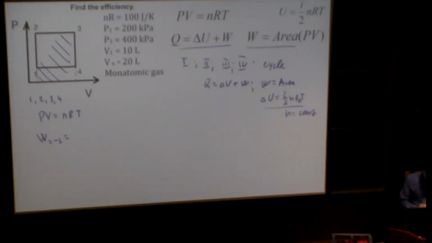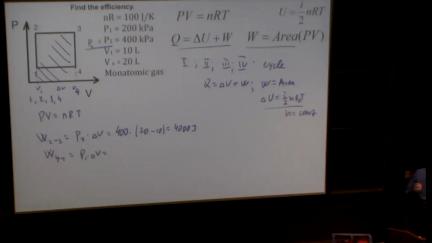So it's going to be P2 times delta V. We don't know P2, but we know P3, and the graph tells us they have to be equal because that's a process with constant pressure. So we can use this number, 400 times delta V, 20 minus 10, 4,000 joules.